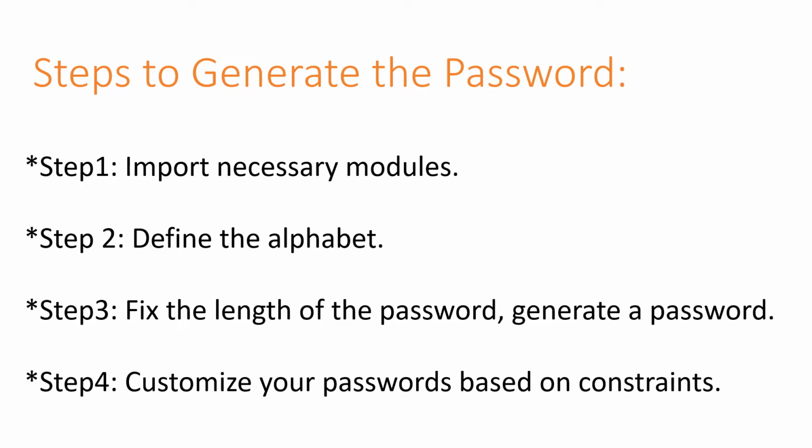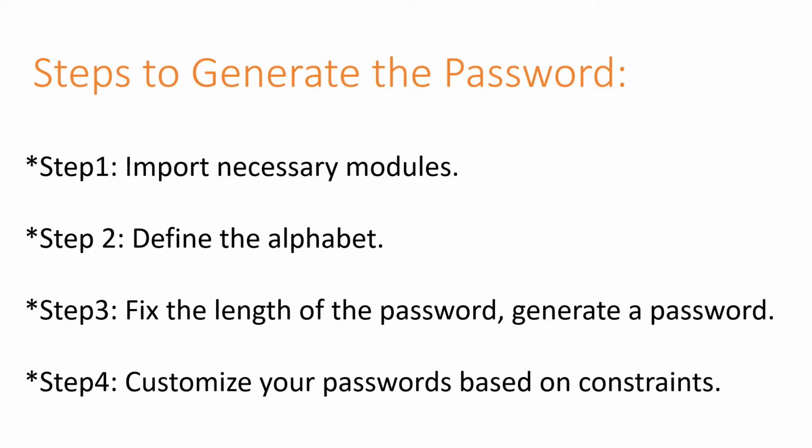Next we will move on to the third step, that is to fix the length of the password and generate a password. Let's store the length of the password in the variable pwd_length. In this example, the password string is of length 12.